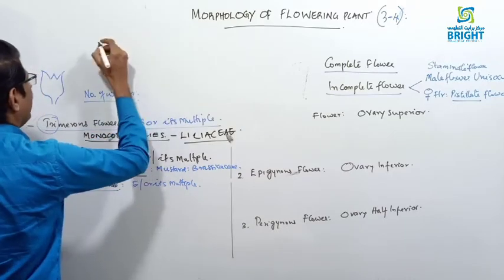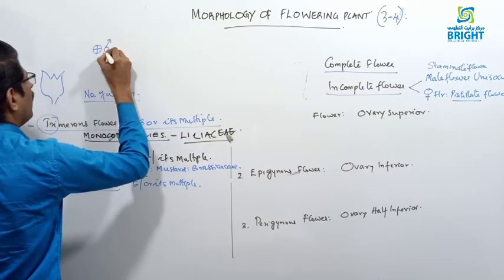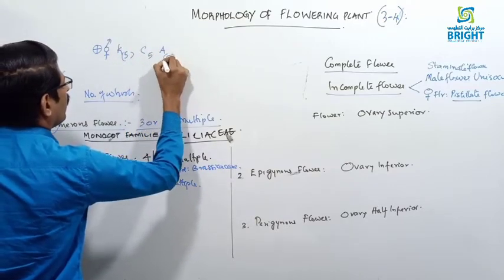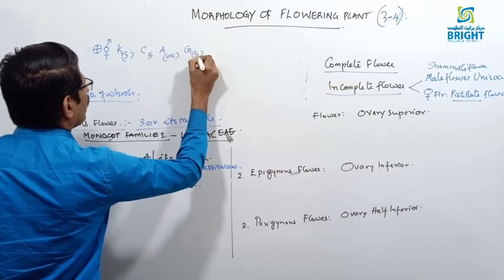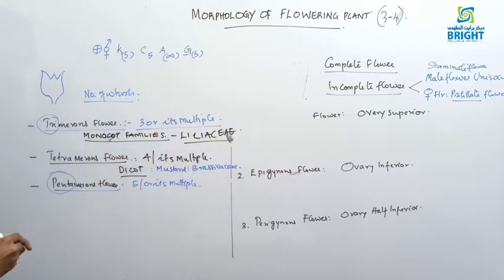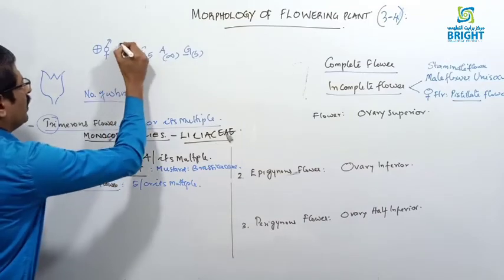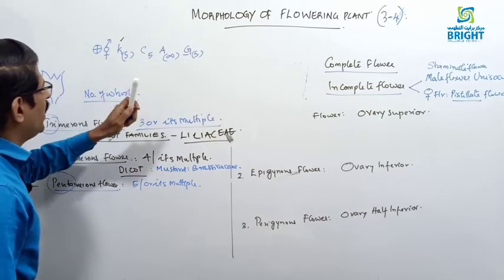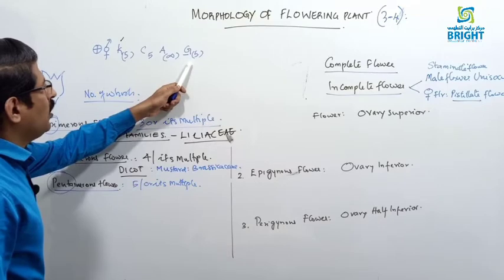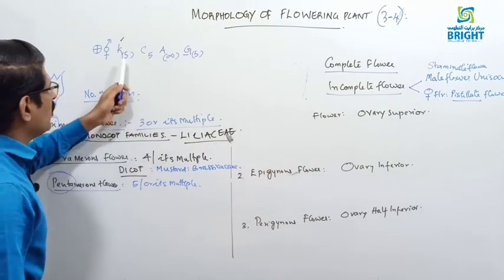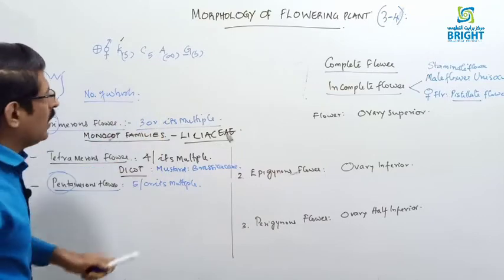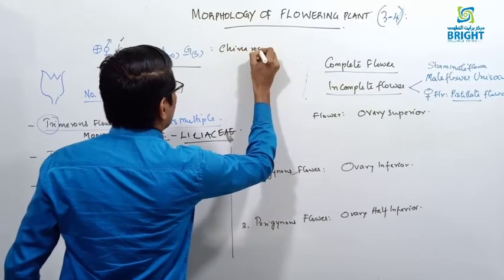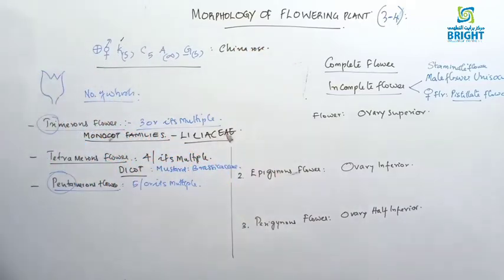When we examine this floral formula, the calyx has 5 sepals, the corolla has 5 petals, and the gynoecium has 5 carpels. So there is a similarity in the number. We know a common plant called China rose or hibiscus. This floral formula belongs to China rose.